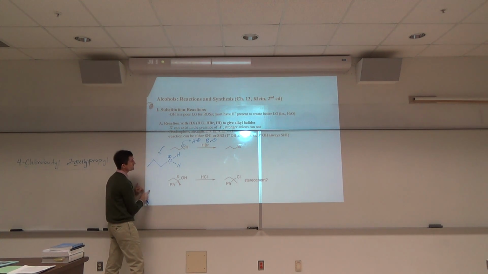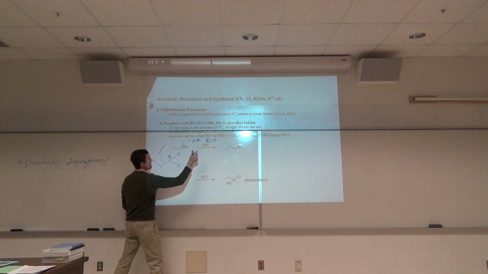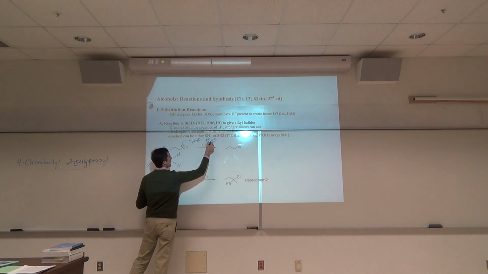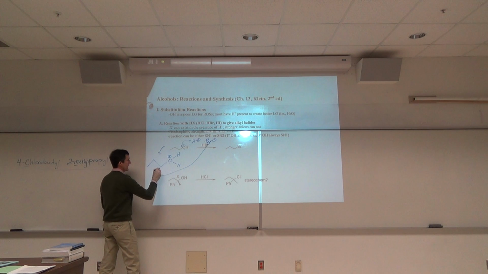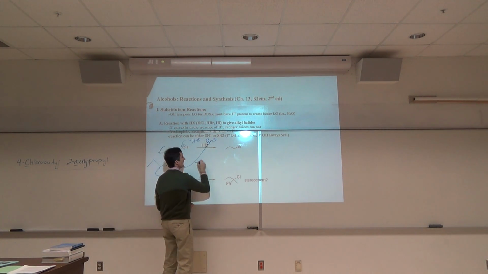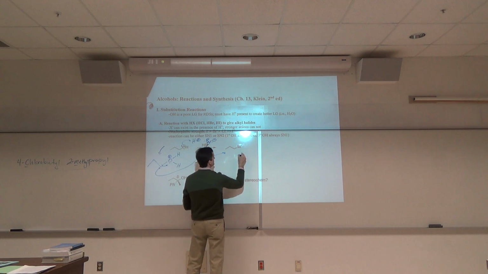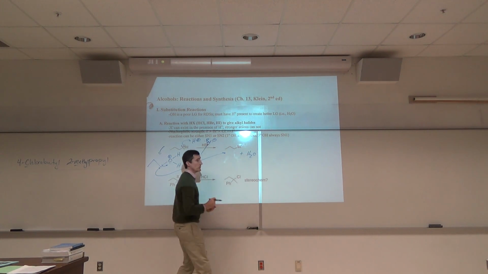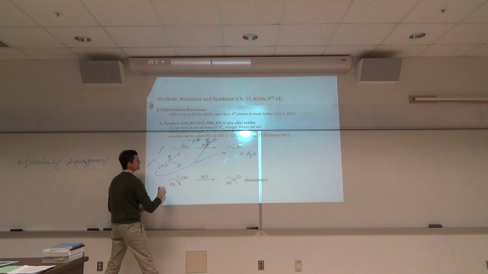What's next? OH leaves to make primary cation? No. No. The bromine attacks. Next step is these electrons back here kick off the water. What do you get? You get that plus what? Water. Plus water. There you go. And the mechanism is what?